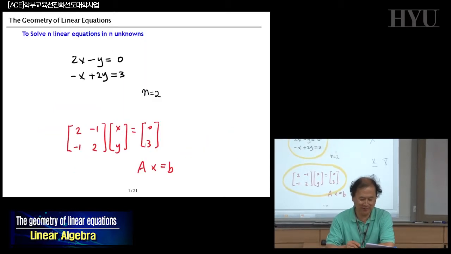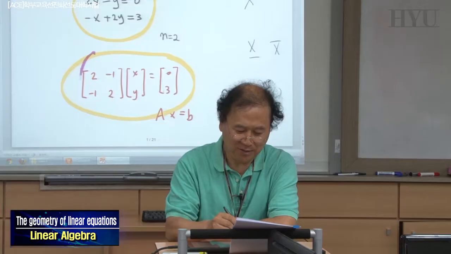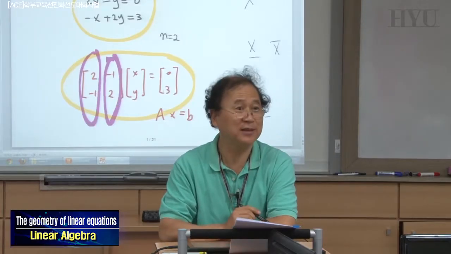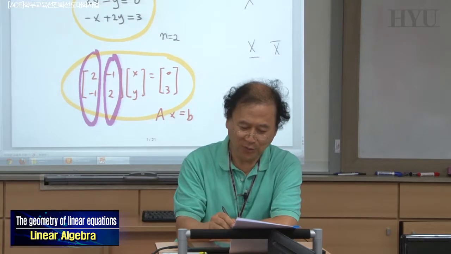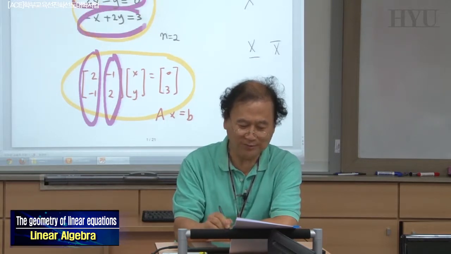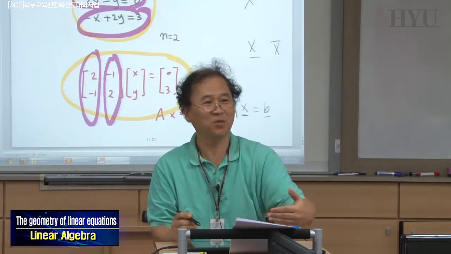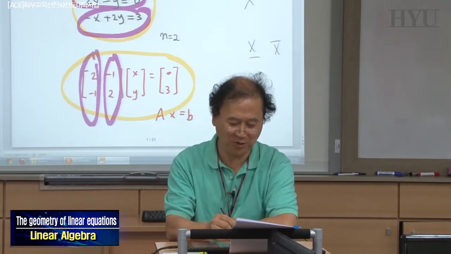This is the equation, 2x minus y. Now actually here, we'd rather see this one and this one separately. Previously, we saw the row picture. The column picture is more or less we view it this way.